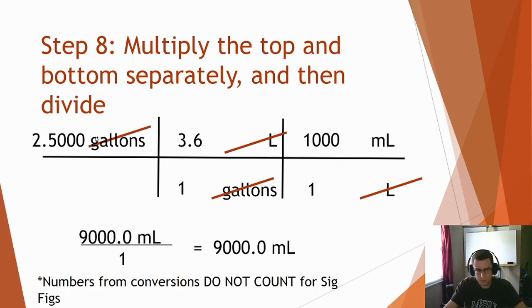So the only number that's going to do that is this guy here. And since I was multiplying and dividing the whole time, my answer needs to have as many sig figs as the smallest number that we cared about, which is this one. So this guy has 1, 2, 3, 4, 5 sig figs, because all 3 of those zeros are on the end and there's a decimal, so they count. So our answer needs to have 5 sig figs.